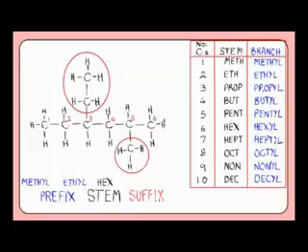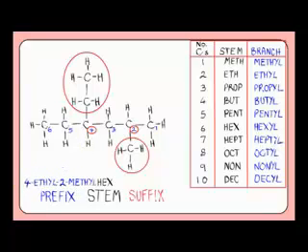We could number this way, which has our branches on positions 3 and 5, which gives a total of 8, or this way, which has the branches on positions 2 and 4, which gives a total of 6. We'll go with this, as this gives the lowest total. So we have 2-methyl and 4-ethyl in our prefix.